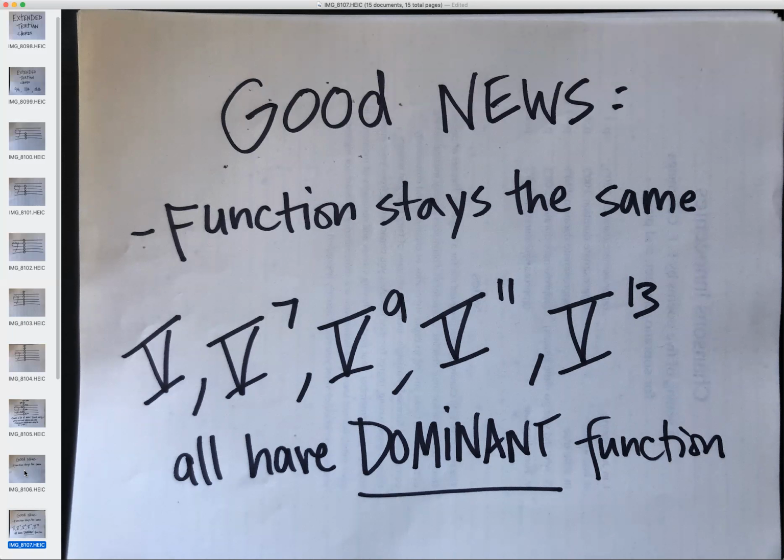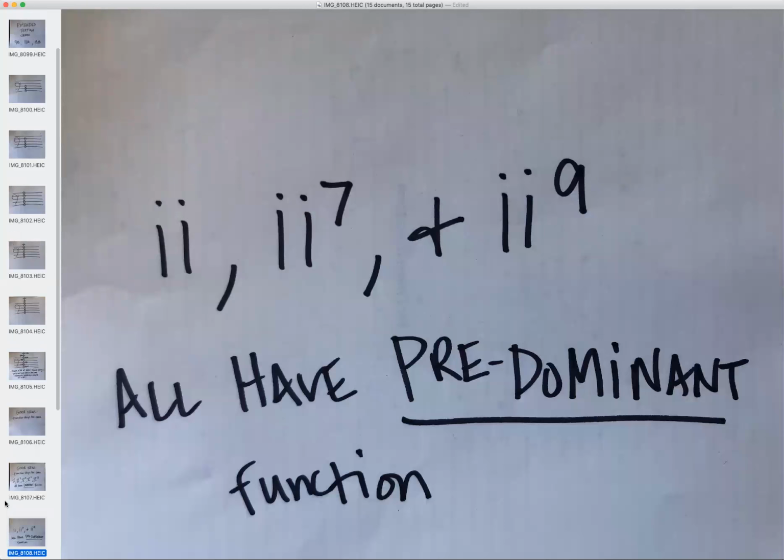So whatever the triad's function would be based on the Roman numeral, that's the function the extended tertian chord would have. You can think about the 2 chord as well, 2, 2, 7, 2, 9. They would all have predominant function. So that's pretty cool. They're like borrowed chords in that sense, where the Roman numeral function of the original chord pertains to the extended tertian.